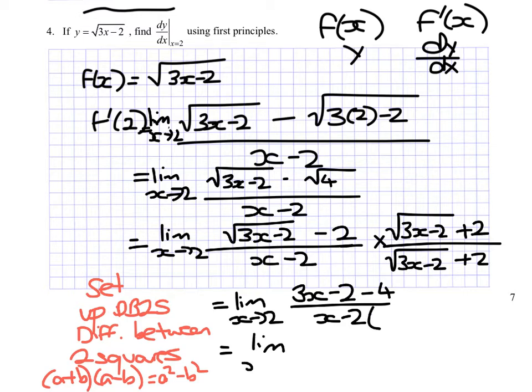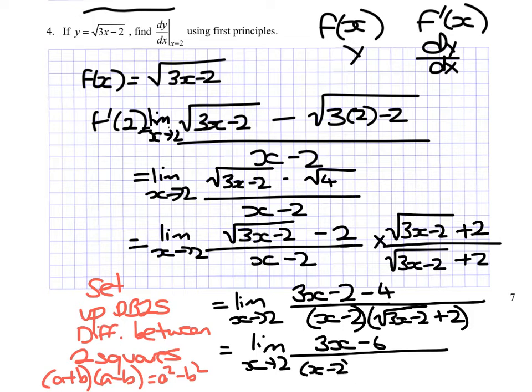Remembering that on the bottom you've always got to keep this thing, but you don't expand it, and because the whole bottom is multiplied by that, x take 2 must go in brackets. So we get the limit as x approaches 2 of 3x take 6 over bracket x take 2, bracket the square root of 3x take 2, plus 2. Oh, don't put that under the root. Let's just erase that bit. It's going to be plus 2 over there, not under the root.